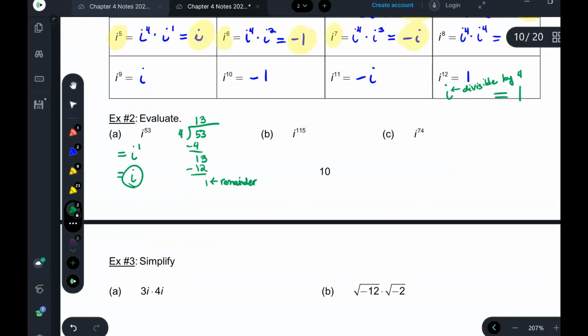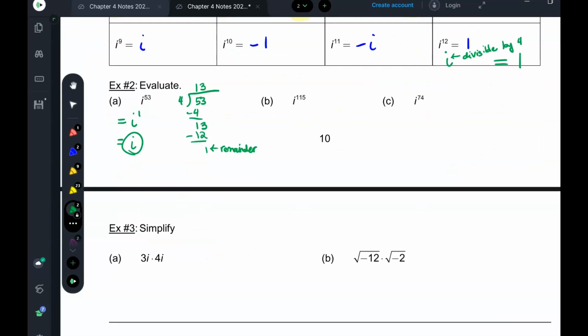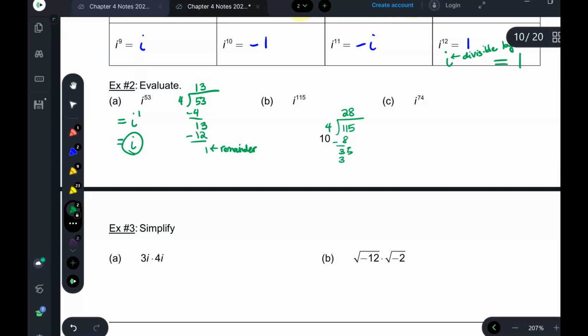What about 115? If we divide that by 4, Jacob says -i. What do we think?